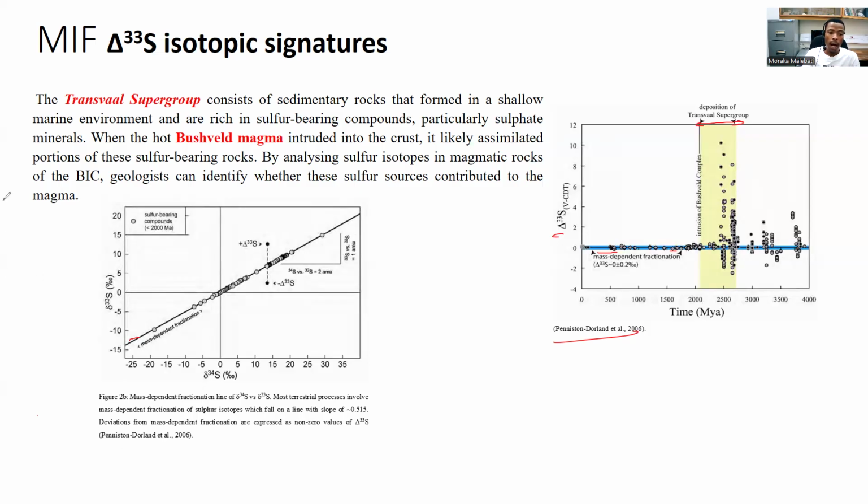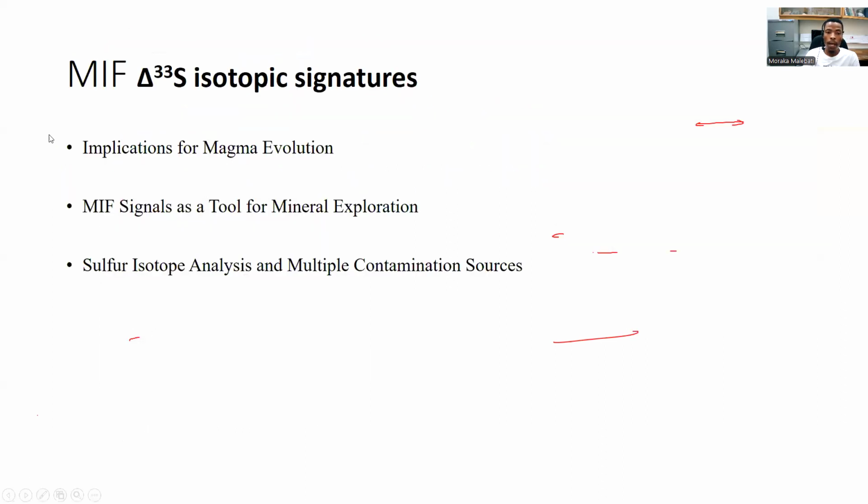Now, the implications for magma evolution, and MIF as a tool for mineral exploration: we want to tell you how they are using MIF to understand magma evolution, to help during mineral exploration, and to determine multiple contamination sources.